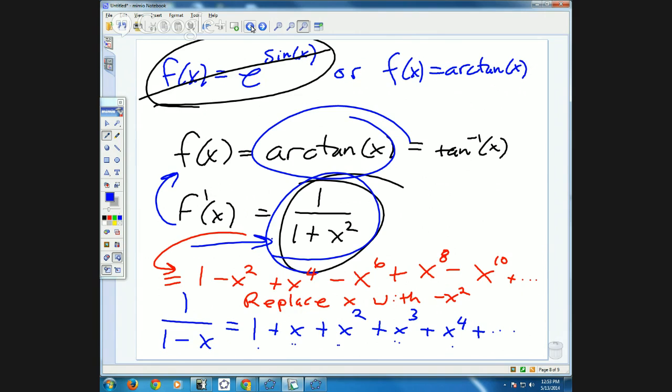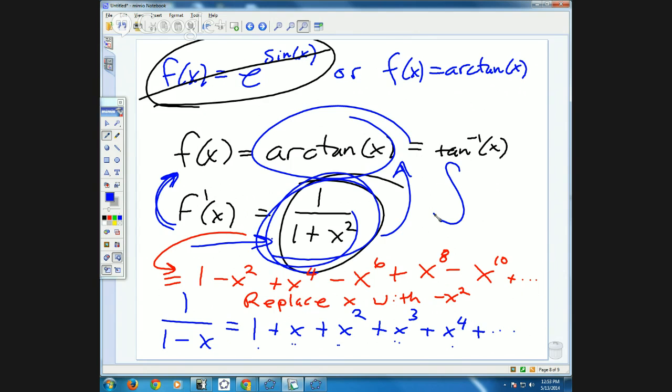So how can I turn the red series into a series for the arctangent? I have to reverse what I did right here. Take the integral, right? We took a derivative to get here. We have to take an integral to get back.